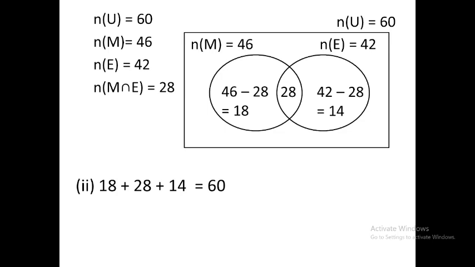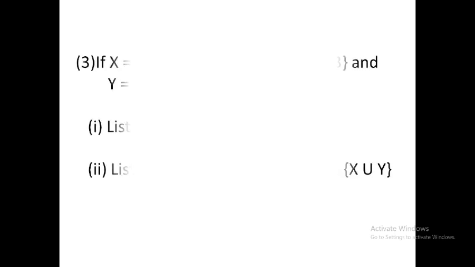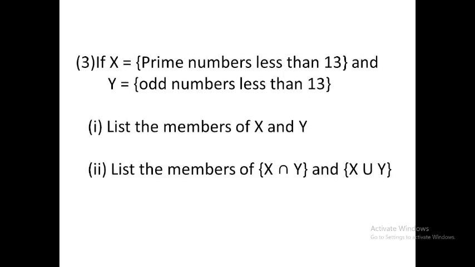Good. Let's get straight to the next thing, which is 1991. What is the question there? The question is, set x is prime numbers less than 13, and set y is odd numbers less than 13.